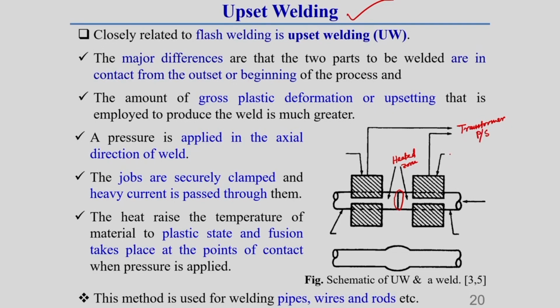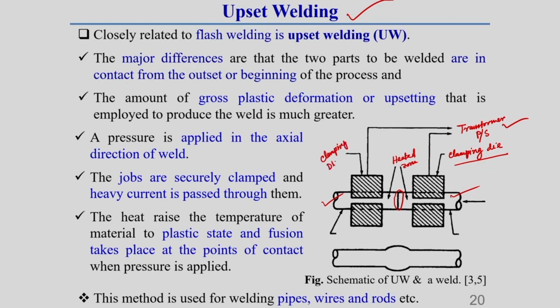This is called clamping die. This clamping die generally is connected to the power source. With this clamping die generally the workpiece is clamped. Here you see, this is one workpiece, this is another workpiece. So this is another clamping die.